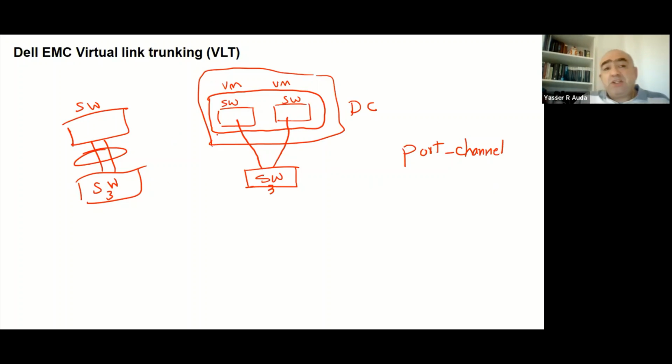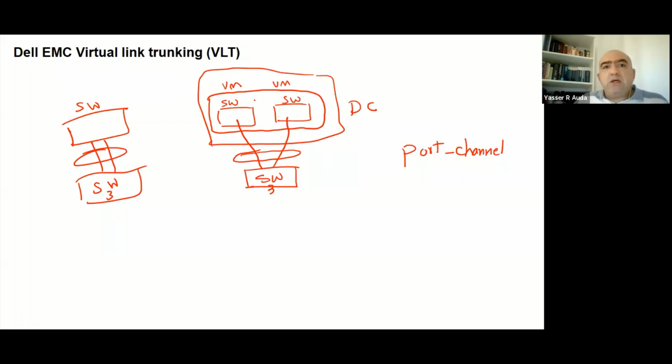This is logical, but physically it is connected to two switches, and these two switches act like one switch for switch 3. It will be connected with one link here, one link there, and these two links are a port channel for switch 3. And again, from the two switches inside the data center, it will also be port channel links.